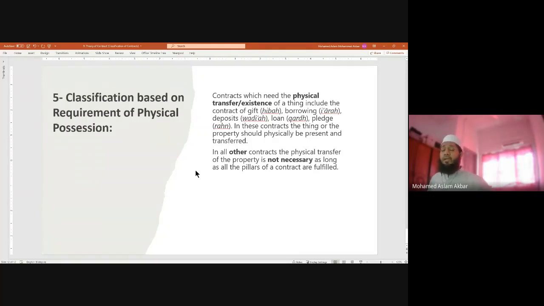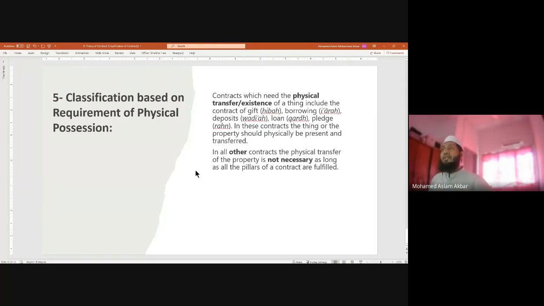Most of the time, you know that a physical transfer must be there, physical possession must be there. Then only you can complete the contract which needs the physical transfer or existence.